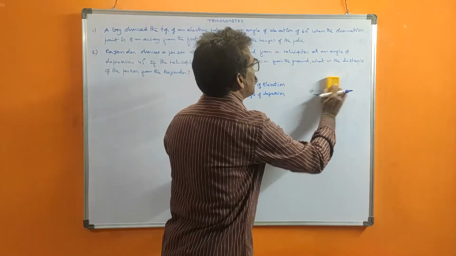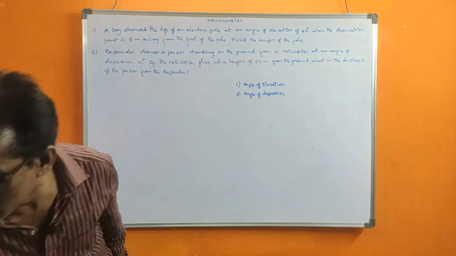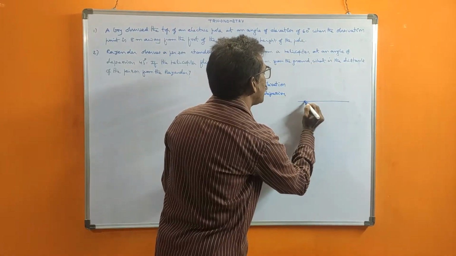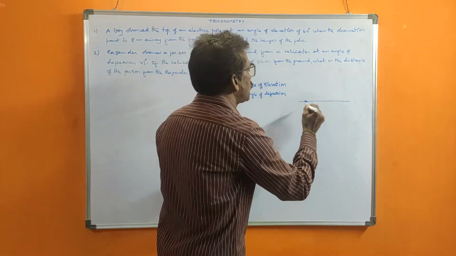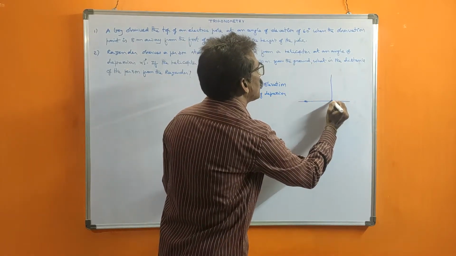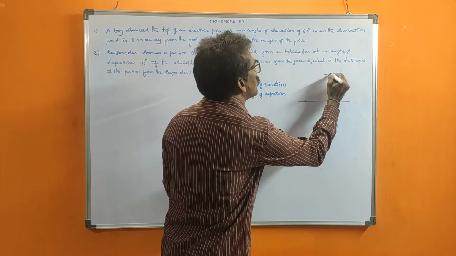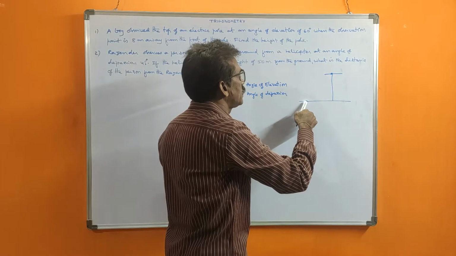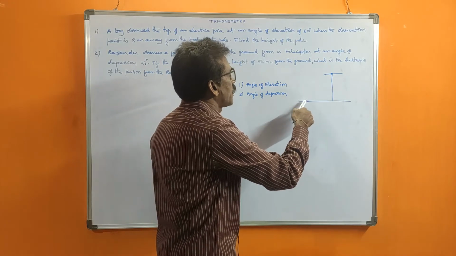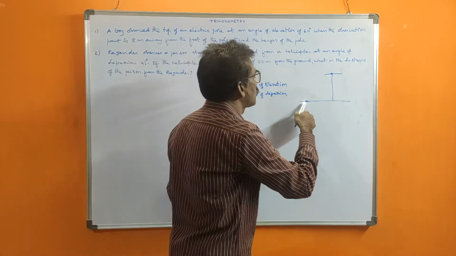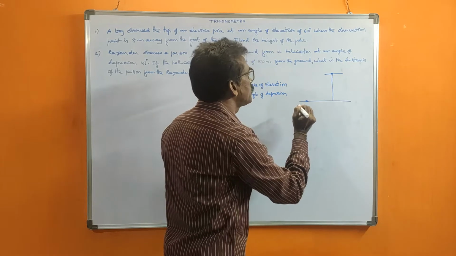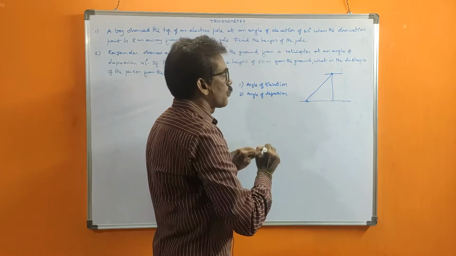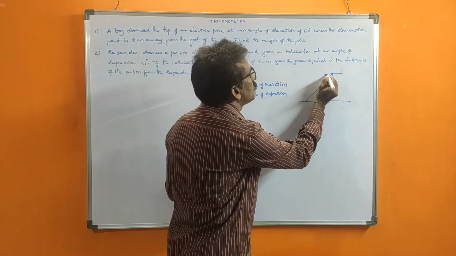Next one, angle of depression. In some cases, an object is on the ground, and it is observed from the top of the building. Suppose one object is here, and they are observing it from the top of the building, looking down.